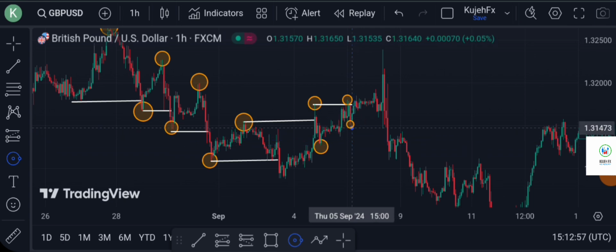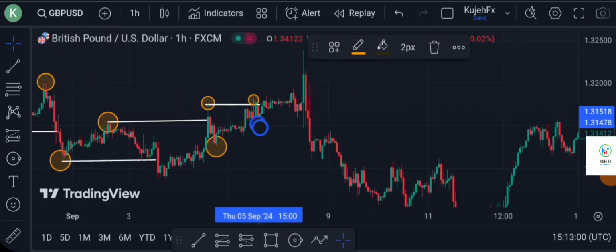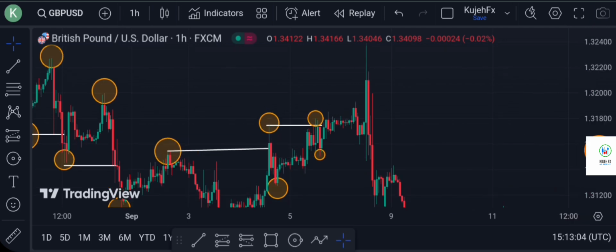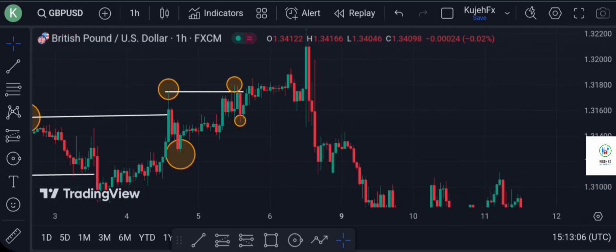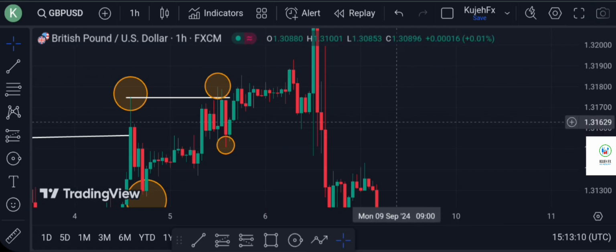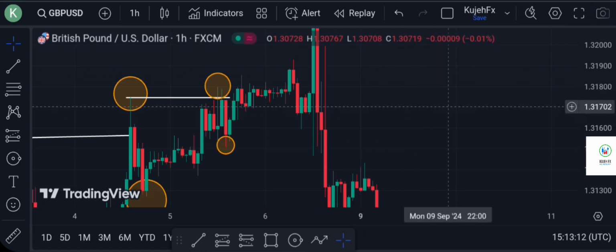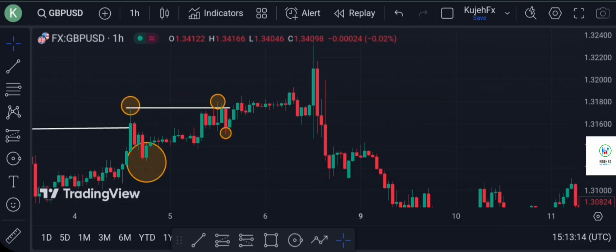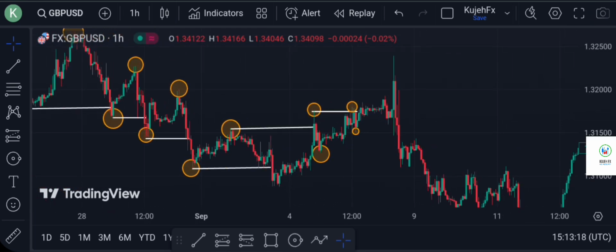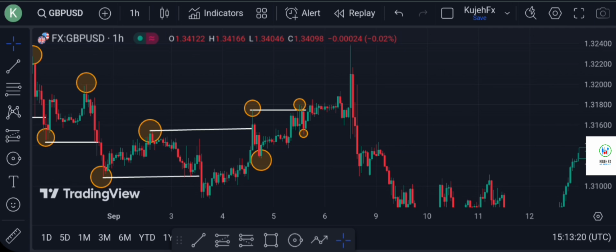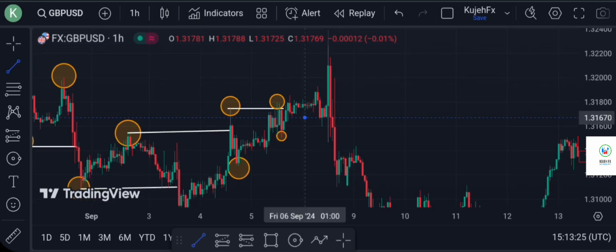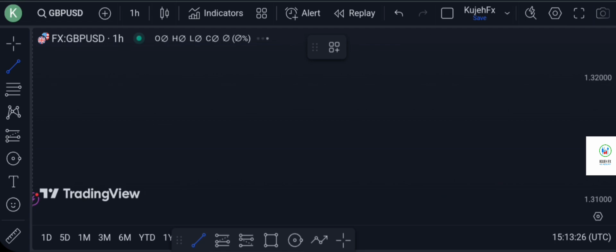This movement is very tiny, but if I should zoom in, you will discover that there is a movement here. This is a valid pullback. Most of you don't know pullback, which I'll be explaining in my next video. That is why you should subscribe, because I'll be explaining how to identify a valid pullback in my next video. So what happened here? The market went up and breaks structure to the upside again.